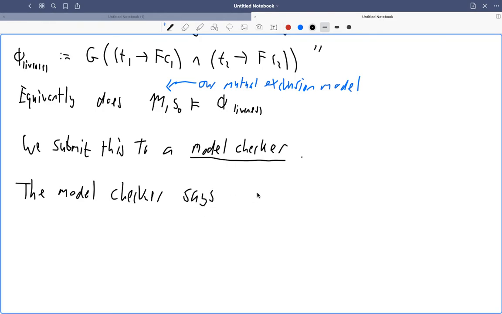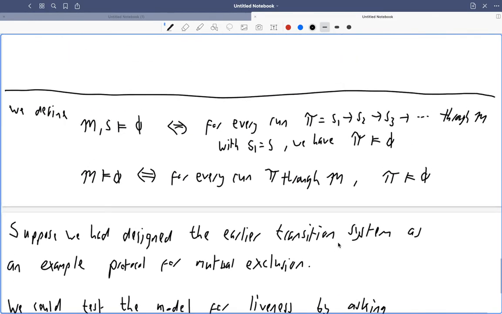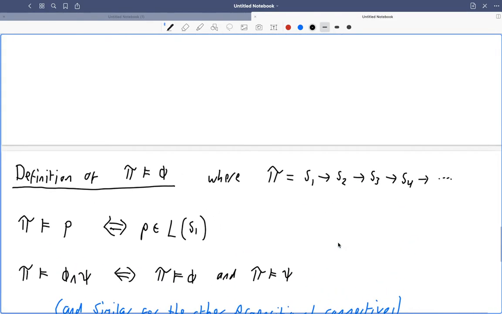It says no, this property is not satisfied, and it gives us a counterexample run. So it gives us a run that justifies that this property does not hold for all runs. And that run would be, for example, the one we had.